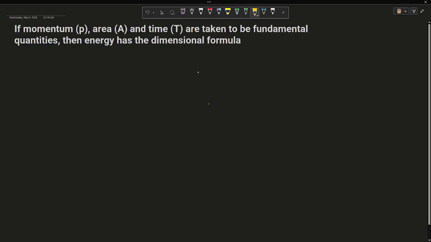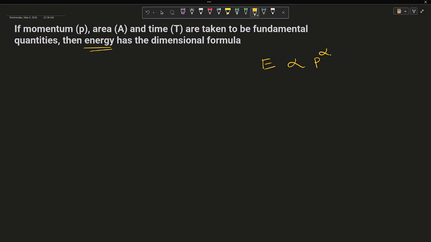The next one is, if momentum, area and time are taken to be fundamental quantities, the energy has the dimensional formula of. Okay, here energy is a derived quantity and you have given that momentum, area and time are the fundamental quantities. So if we denote energy as E, then we may say that energy is proportional to p to the power alpha.